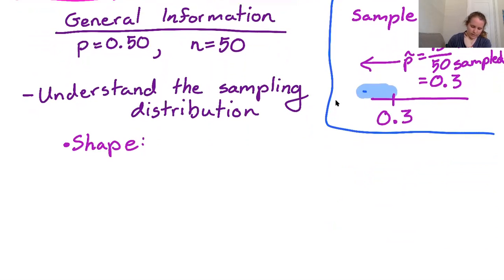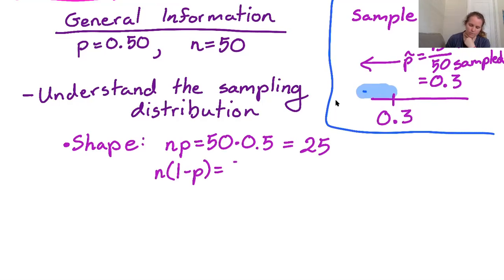We need to check n times p: 50 times 0.5 is 25, and then n times 1 minus p: 50 times 1 minus 0.5 is also 25.